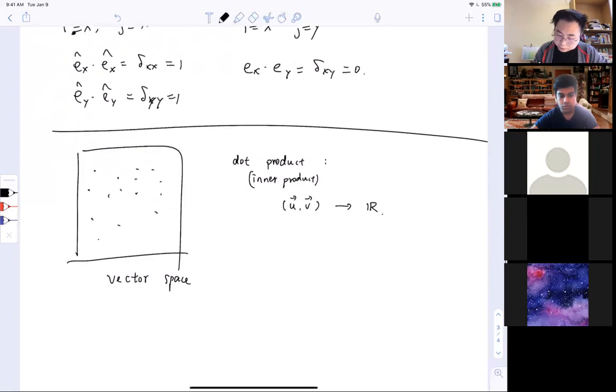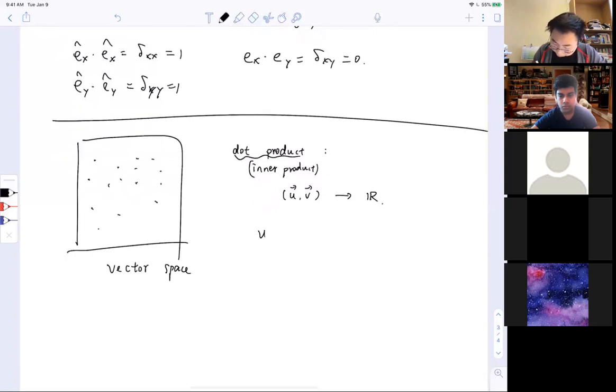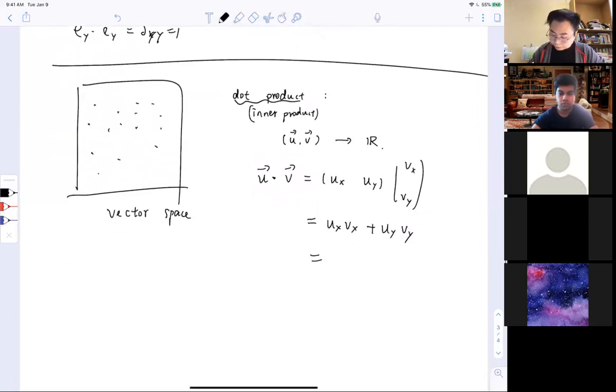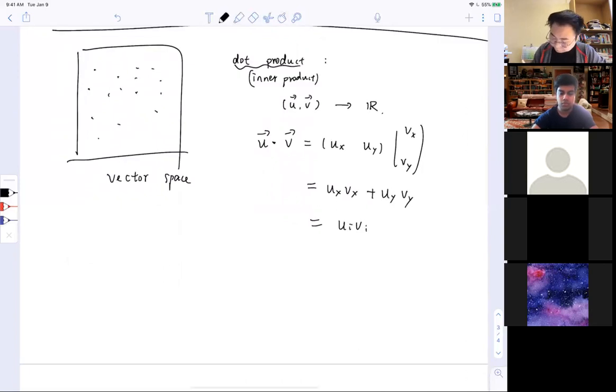So you can think of this dot product as a map. It maps two vectors to a real number. So u dot v, written in components, is given by (ux, uy) dot (vx, vy), which is ux vx plus uy vy. Or using the Einstein convention, it's just u_i v_i.